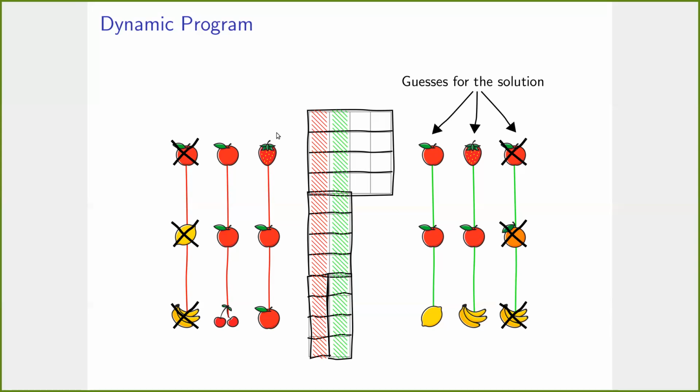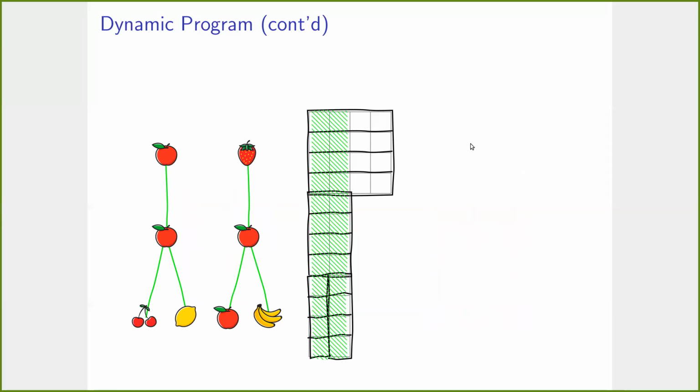So what we can do is combine this guess, apple, apple, cherry, with the guess apple, apple, lemon, and the same for the other guesses. Combining these guesses consistently gives us a new set of guesses for these two adjacent time units. And it could be that there are several candidate solutions that start with the same subsets.